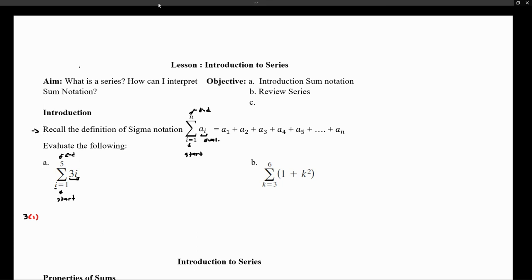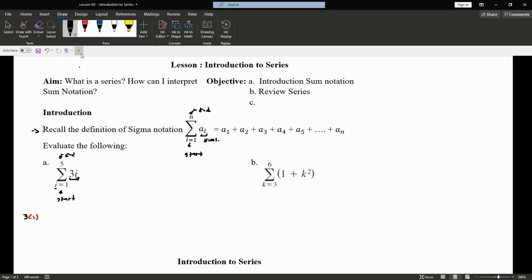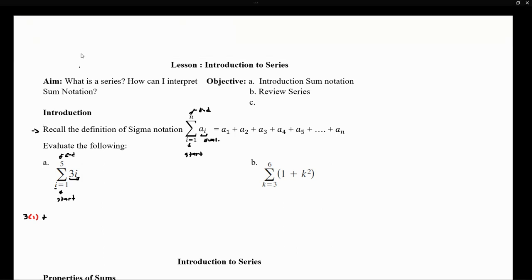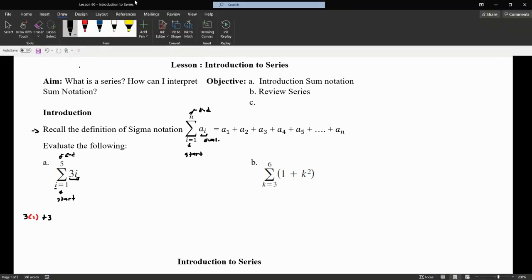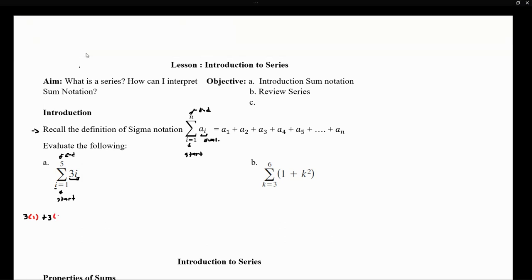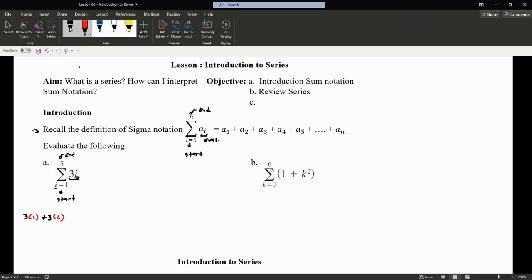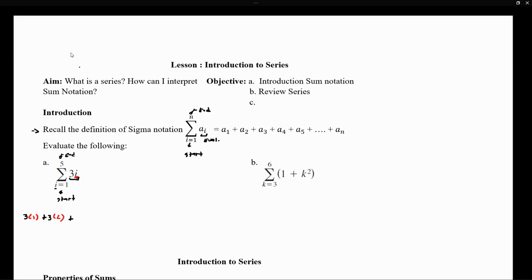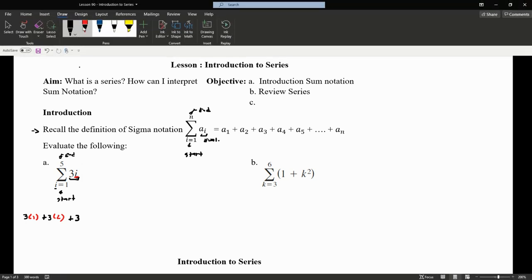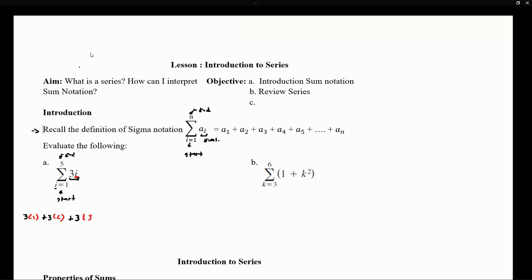Since we're using sigma notation, we have to add the next evaluation. I'm going to get the same expression, 3i, but now I'm going to evaluate it with the value of 2. Notice that this is the same expression, it's just been evaluated at 2. Since we're using sigma, I'm going to add the same expression, but now when my evaluation has a value of 3.